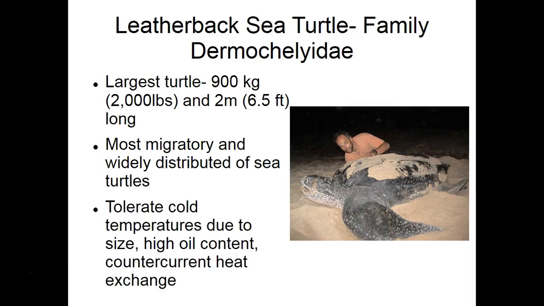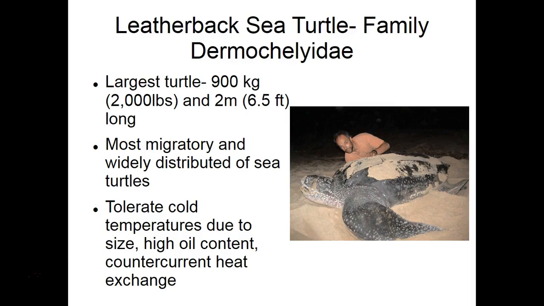The reason why leatherback sea turtles can do this is because they can tolerate the temperatures due to their size. So extremely large size means that there is less area compared to their full volume to exchange temperatures with the outside environment. So their large size helps them to essentially not have a lot of cold coming into their body.